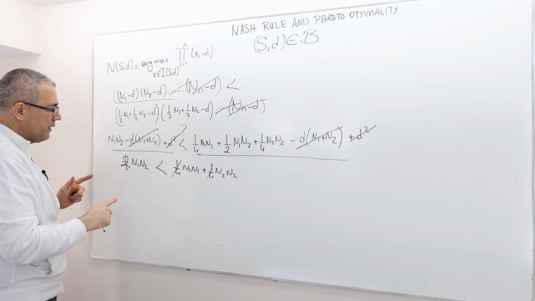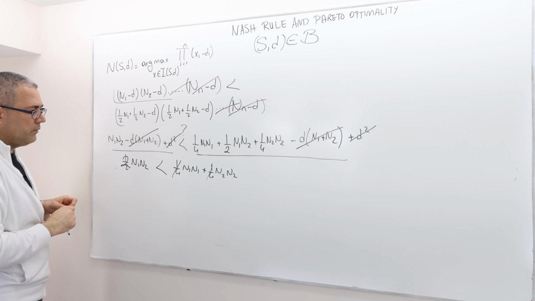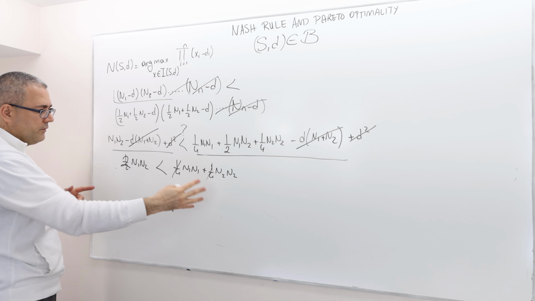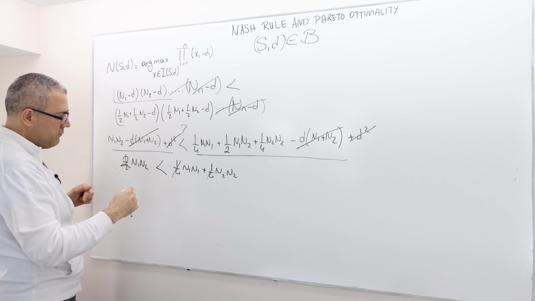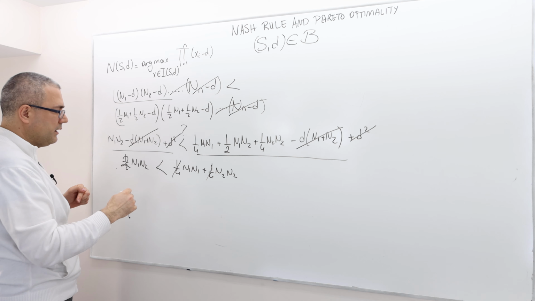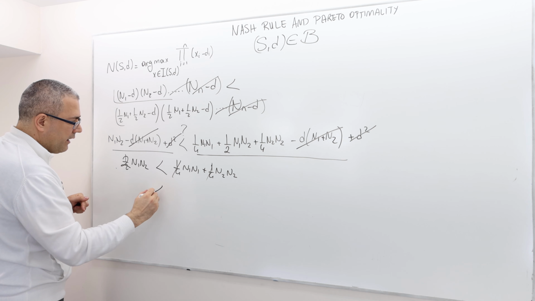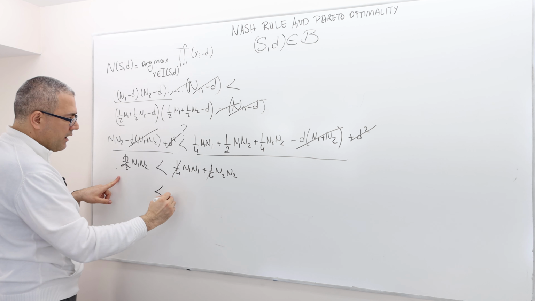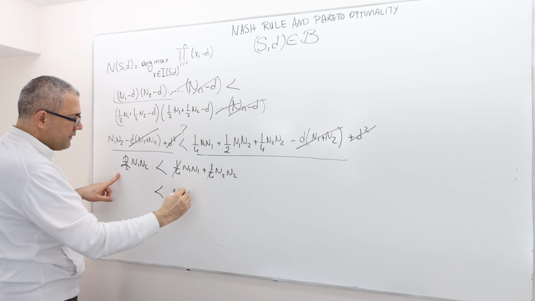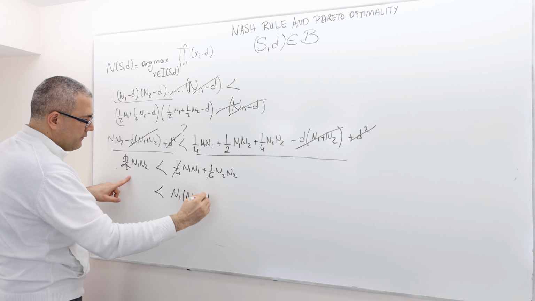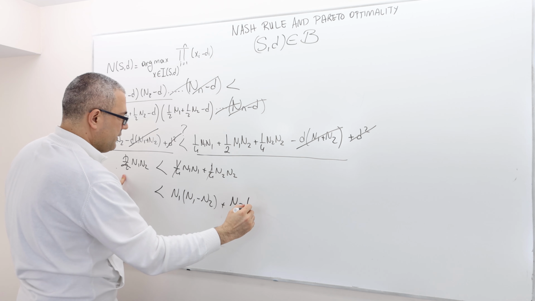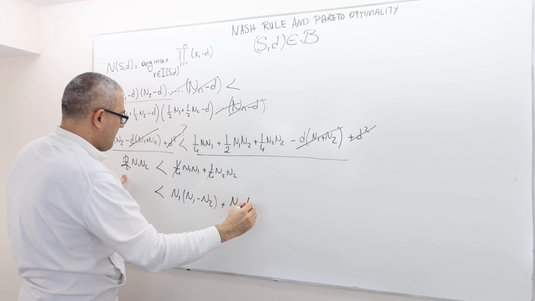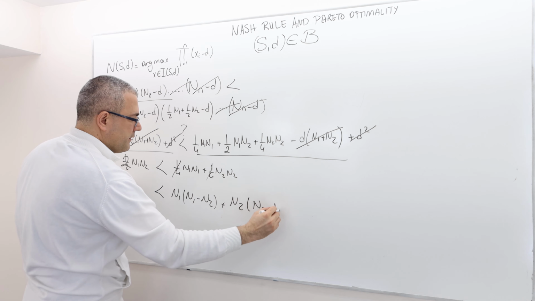What else do I want to do? Well, I want to pull this guy to this side. Yeah, let's do that. And so what do I have? I have n1 parentheses n1 minus n2, and then there's another n2 parentheses n2 minus n1.